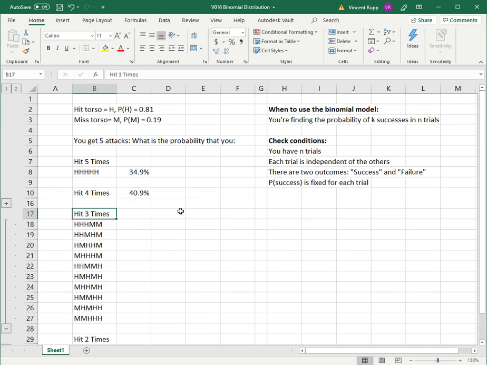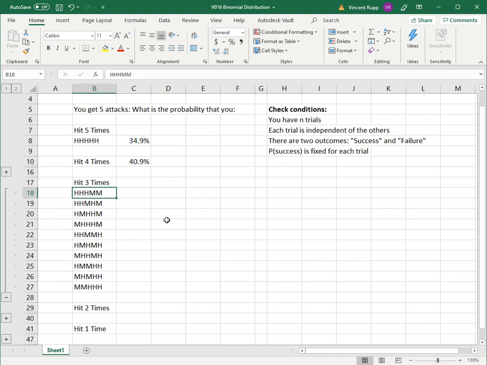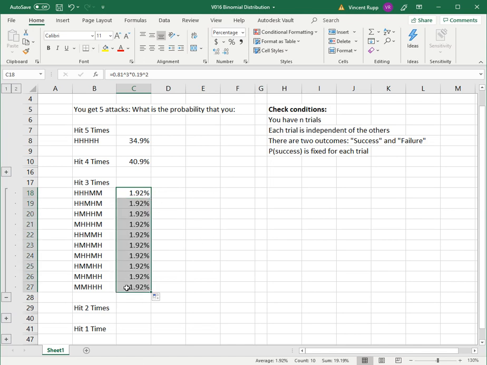Hitting 3 times, you could do the same thing. What you do is you list all the sequences that involve hitting 3 times and missing twice. And in this case, there are 10 such sequences. So it takes a while to list them all, but we could calculate the probability, 0.81 to the 3rd times 0.19 squared. Because for each of these sequences, there are 3 hits, 2 misses. So each one of those would be about 1.92%.